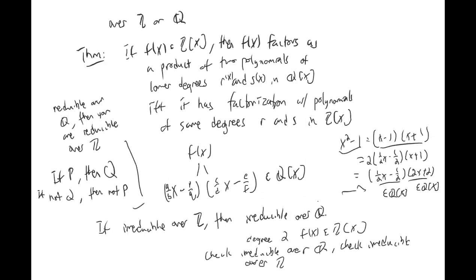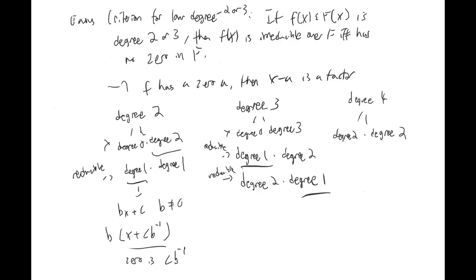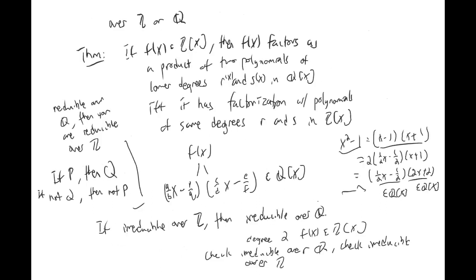We had a theorem that says if we're degree 2 or 3, we just need to check there are no zeros. So here, instead of checking there are no zeros over Q, you just need to check there's no integer that gives zeros. Hopefully you all see the power of that. Checking irreducibility over something smaller is always easier.